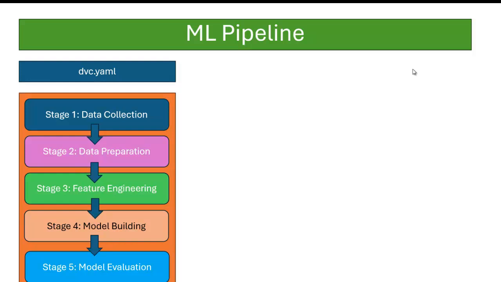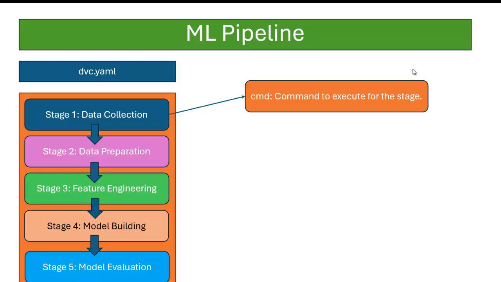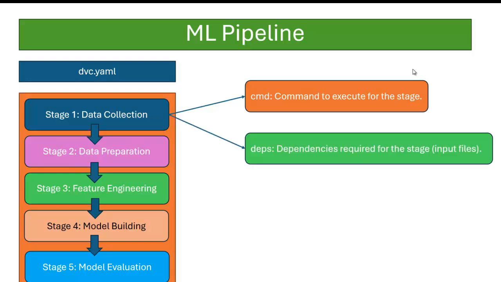In the dvc.yaml file, each stage of your pipeline is defined under the stages key. Assume that it's a key value pair. Each stage contains three main elements. First, cmd, the command to execute for the stage. Second, deps, the dependencies required for this stage, means input files required to execute this particular stage.